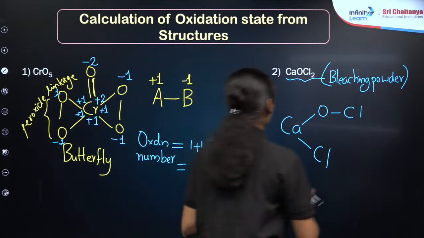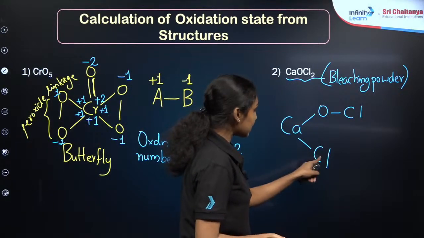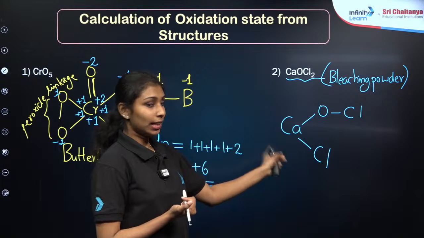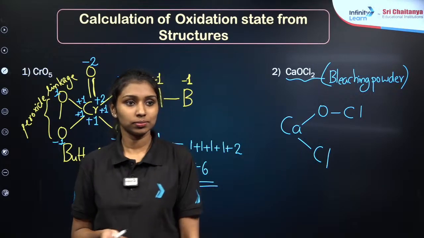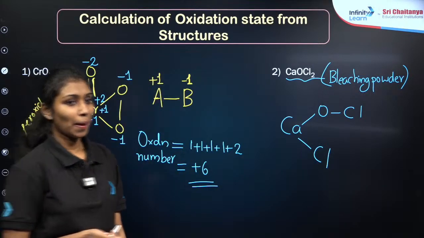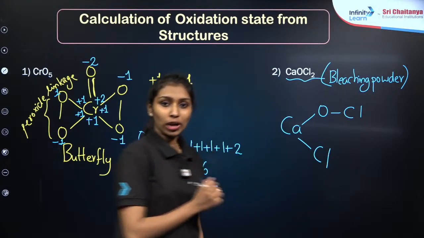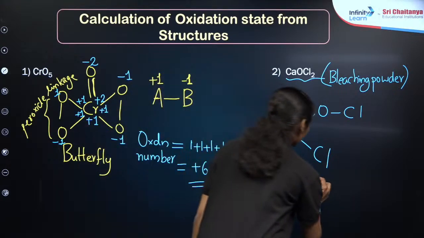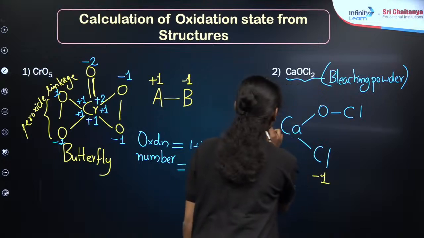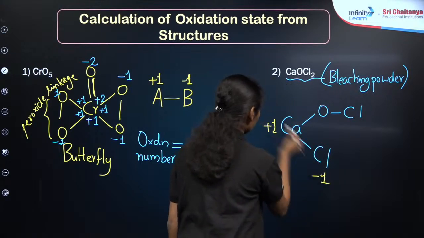Okay, let us check. If I am considering the bond between Ca and Cl, which one is more electronegative? Calcium or chlorine? Chlorine is more electronegative, right? Which means it will acquire -1 charge and calcium will acquire +1 charge because of this bond.